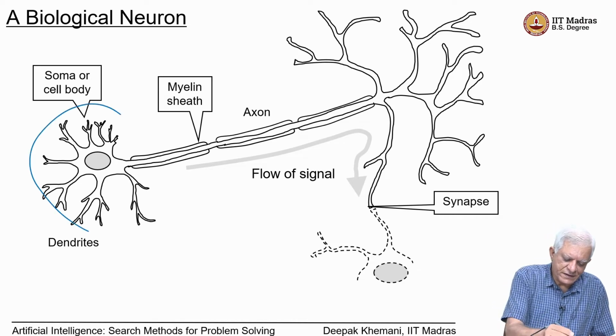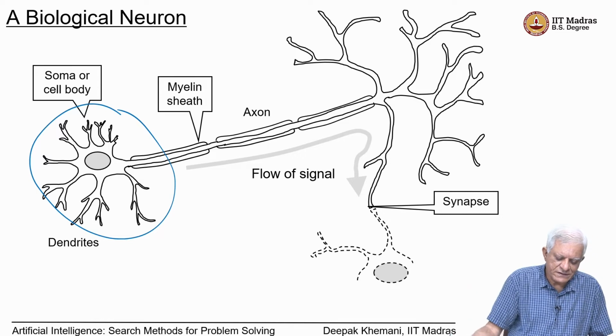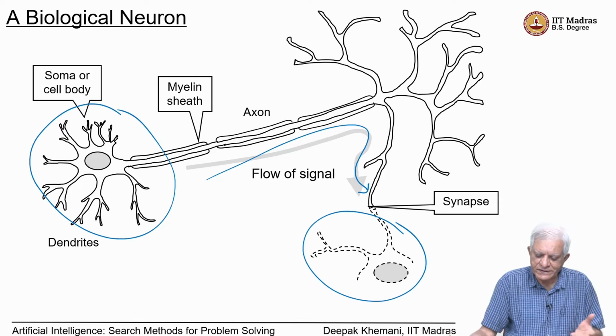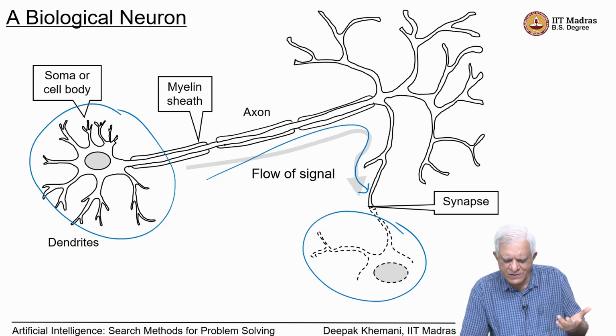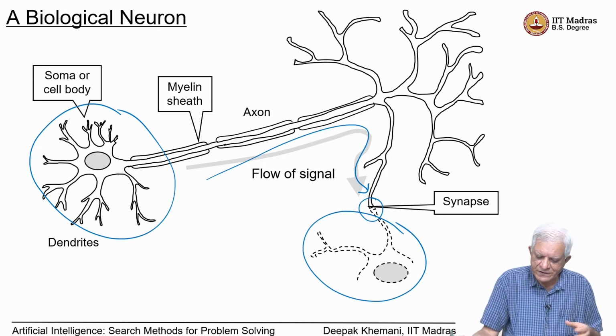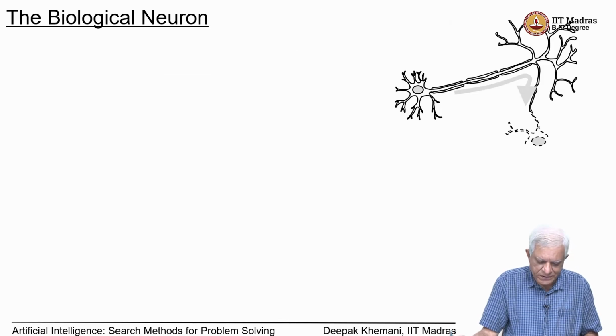So, this is basically the neuron here. It has a cell body which is called the soma, and then it has these dendrites coming out, and the signal is going out into another neuron essentially. So, between a combination of chemical and electrical signals, the synapse for example, a neuron sends signals to other neurons essentially.